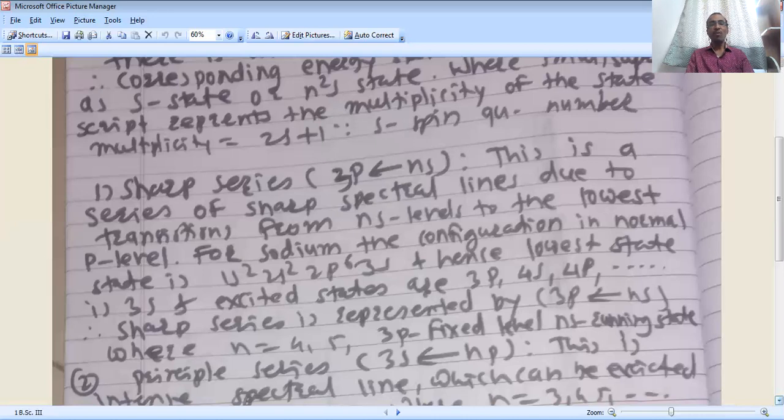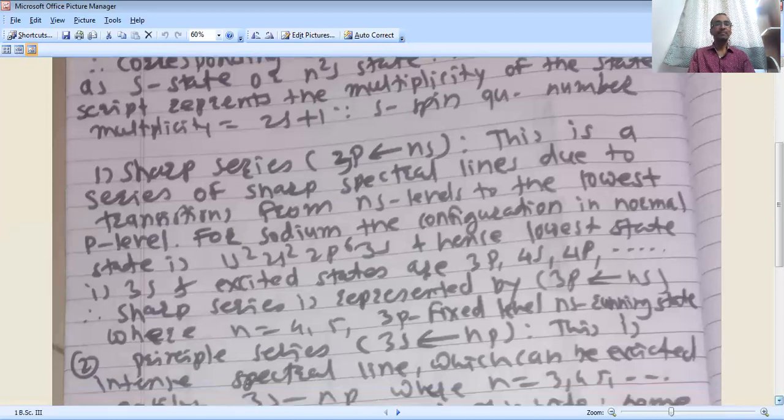Therefore, transition from n equal to 4 to 3p, transition for n equal to 5 to 3p. That is from nS to 3p. Understood? Okay.